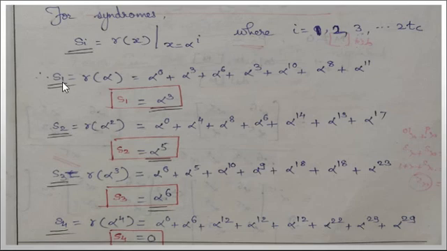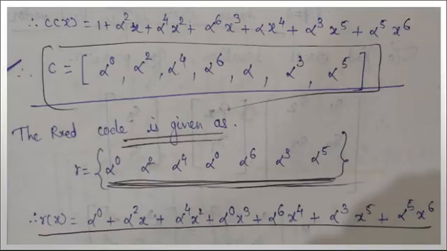Okay. So S1 will be R of alpha, S2 will be R of alpha square, S3 will be R of alpha cube. So wherever X is there, we'll replace it by alpha for getting R of alpha, that is S1.